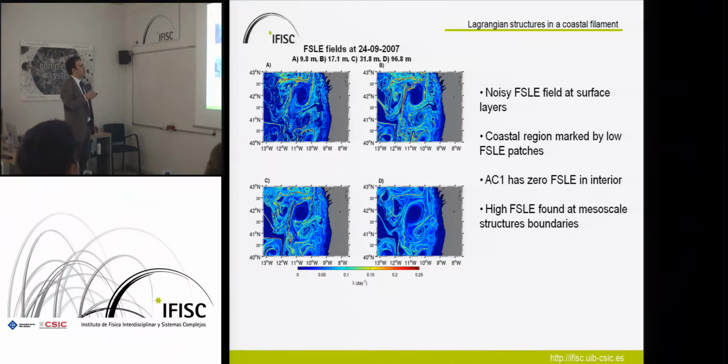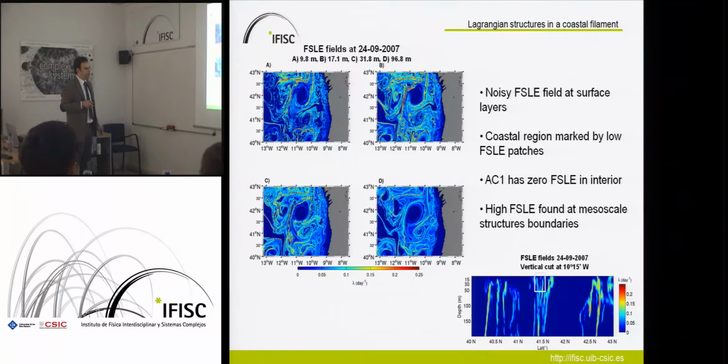Near the coastal region, we have similar patches of low finite size Lyapunov exponent. We also find very low finite size Lyapunov exponent inside the anticyclonic eddy, but along its boundaries we see high finite size Lyapunov exponent, meaning that there is a Lagrangian barrier around this anticyclone.